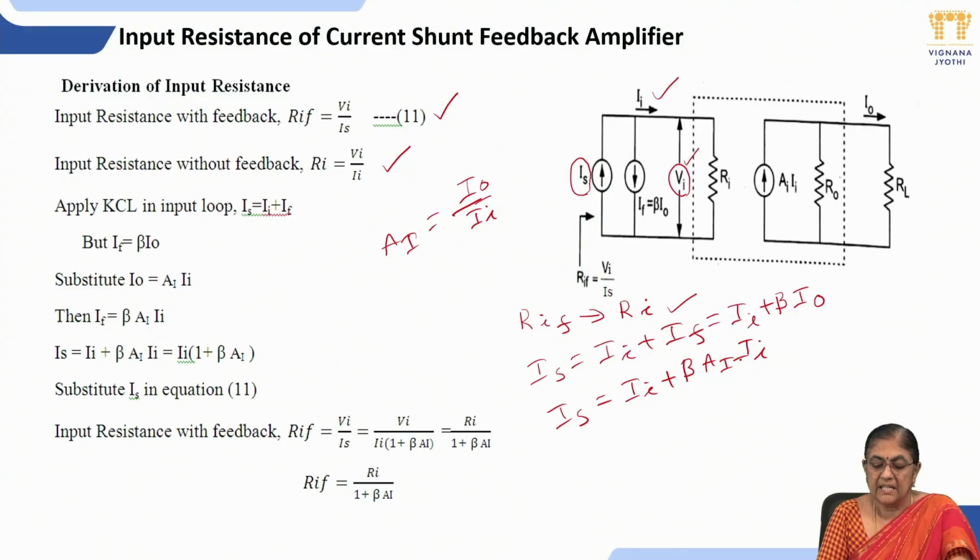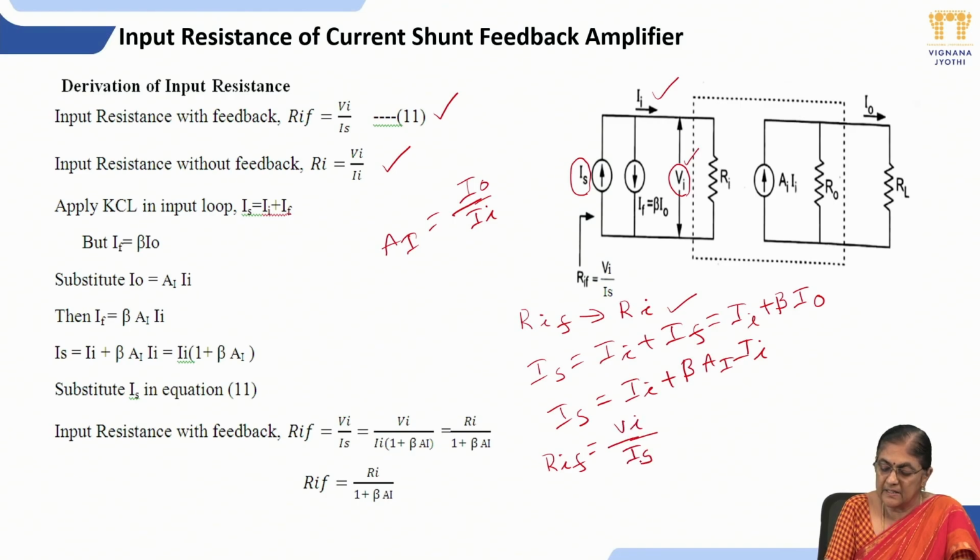Substitute IS in equation 11. Equation 11 is RIF is equal to VI by IS. By substituting IS in this expression of RIF, you will get VI by II into 1 plus beta AI.